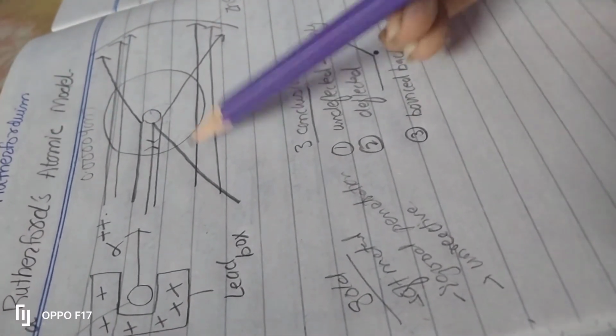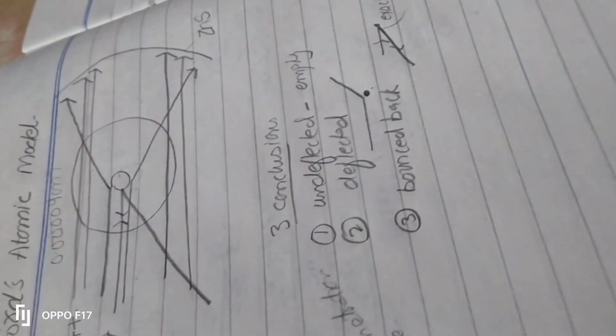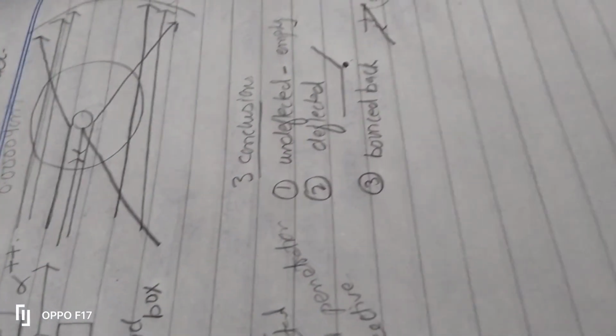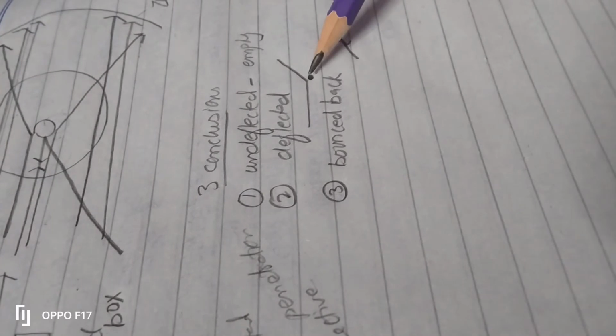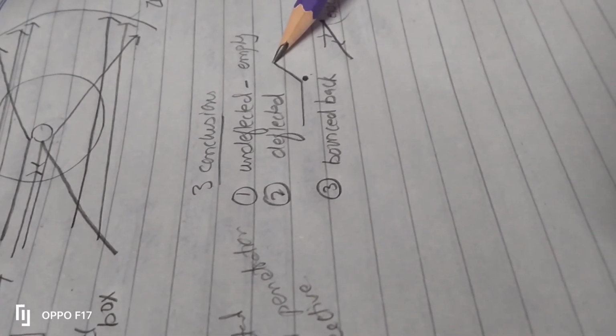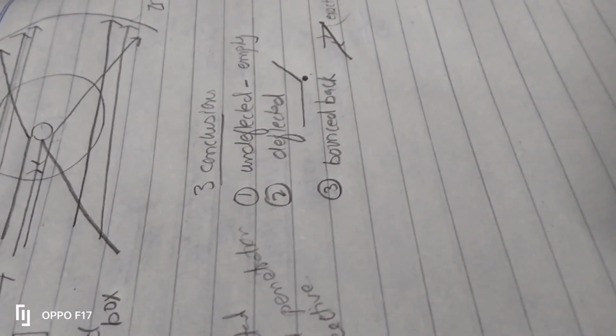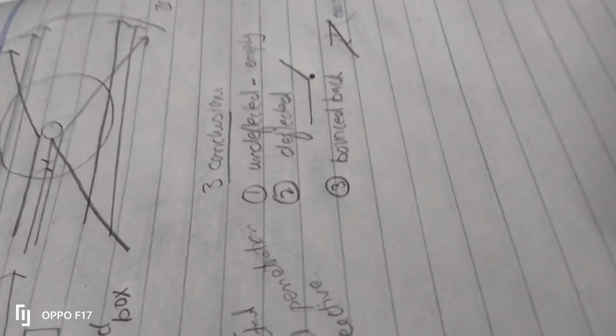Why? Because the alpha particles also have positive charge and the nucleus inside also has a positive charge, so obviously they will repel. Here it was going near, so it deflected at large angles, and here it was on the exact point, so it bounced back.